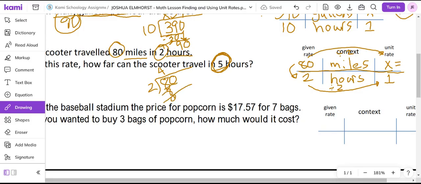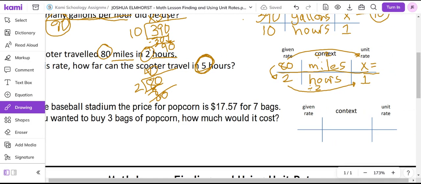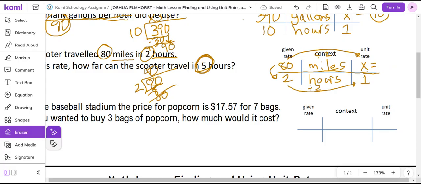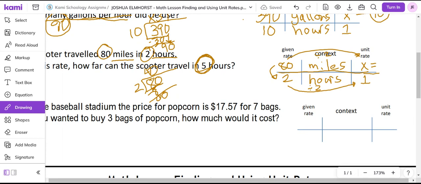Then we go to the next digit. 2 goes into 0 0 times. So whether you use division or you use factors to help you solve, every hour, how far is this person going on the scooter? 40 miles.